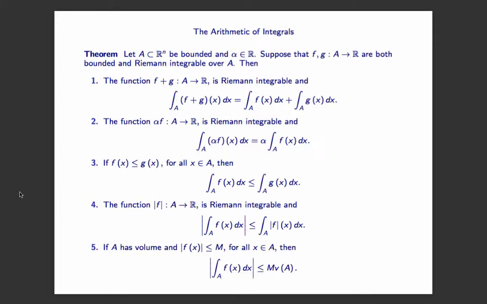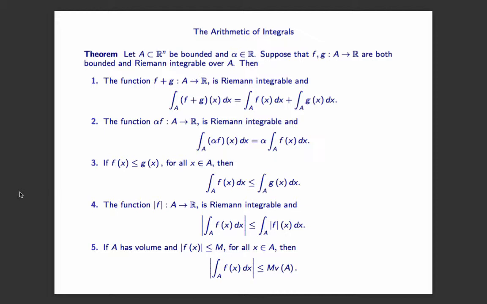And if A has volume and f is bounded by M for all x in A, which of course we're assuming, then the absolute value of the integral of f is less than or equal to the max value M times the volume of A.